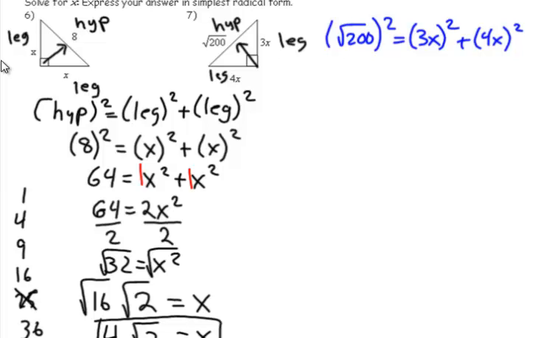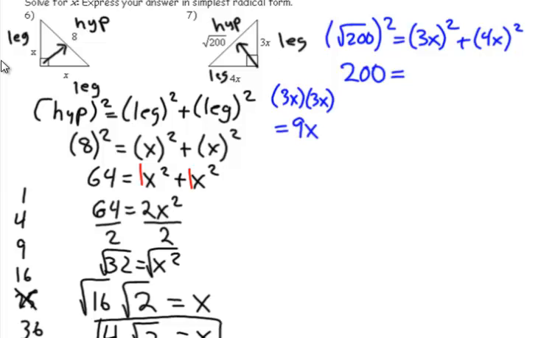As we look at the first one, we remember square root squared, those two just cancel each other out, and this is just 200. Now, when we are over here, (3x) squared, let's remember, what does it mean to square something? Multiply it by itself. So 3x times 3x. 3 times 3 is 9.